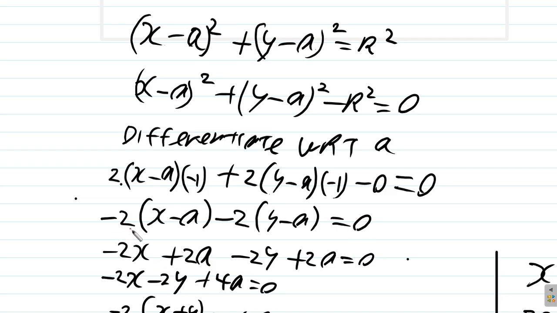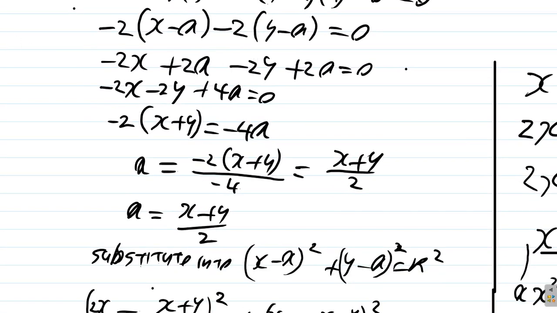Multiply out the brackets: negative 2x, negative 2 times negative a is positive 2a, minus 2y plus 2a equals 0. Then here, negative 2x minus 2y plus 2a plus 2a is 4a equals 0.